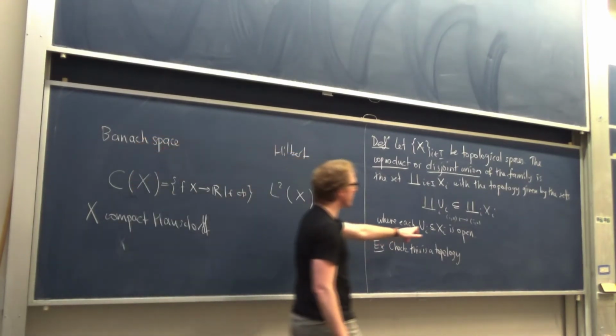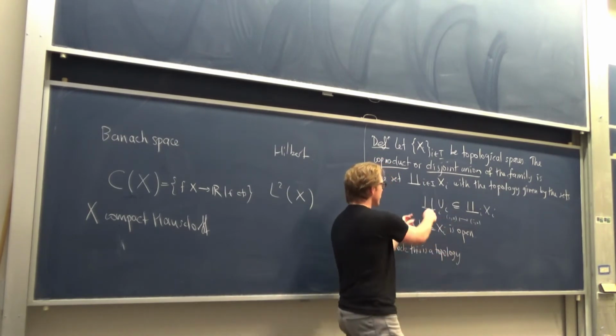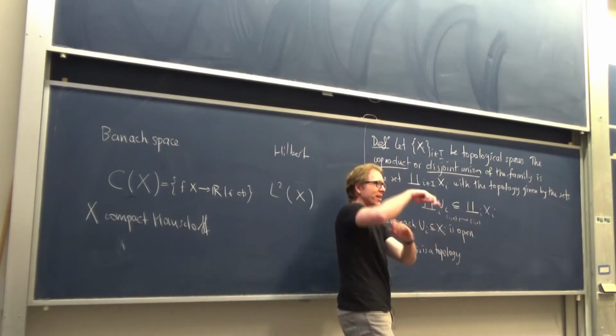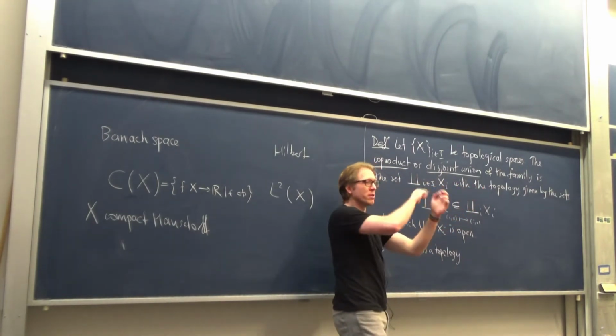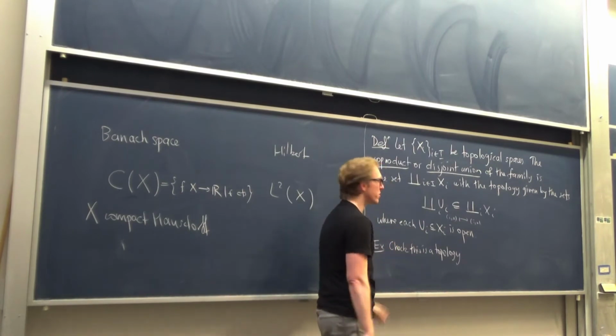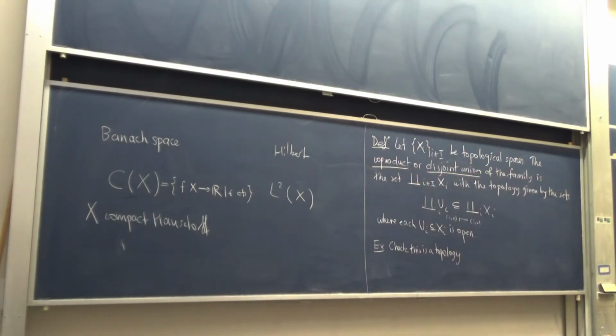Use this notation if you find it helpful. You'll see that if I take disjoint union 1 intersect disjoint union 2, I just get the disjoint union of all the intersections, which is clearly, again, of this type. So that's the only real tricky case. Okay, so that's the disjoint union with its natural topology.